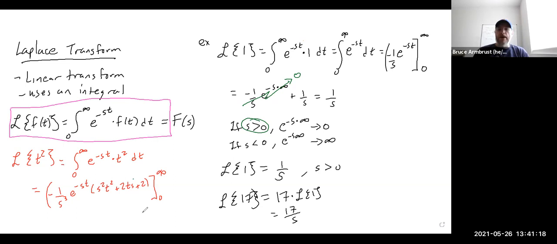Now let's look at what happens when we plug in the 0 and the infinity. If we look at this piece, the s squared t squared plus and so on, that's going to blow up to infinity, because infinity squared gets really big. It doesn't matter what s is. So that's only going to be countered by this thing going to 0.